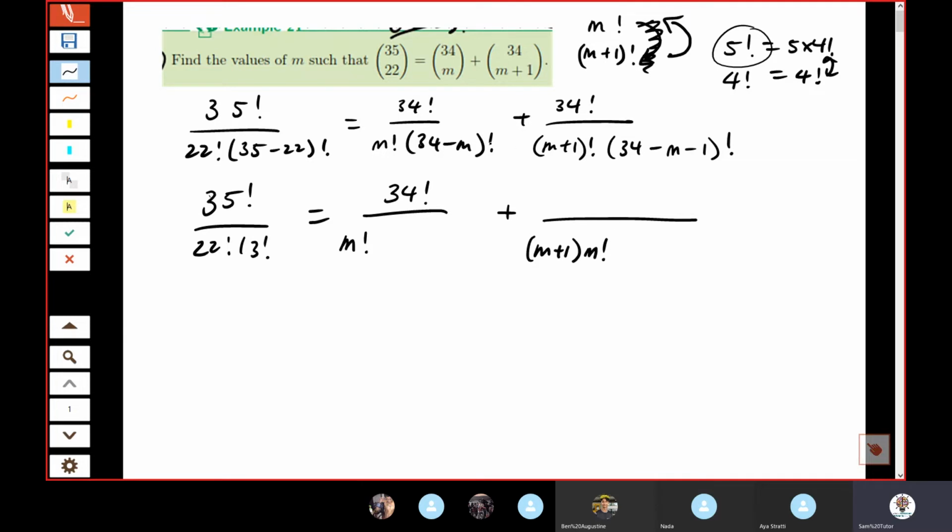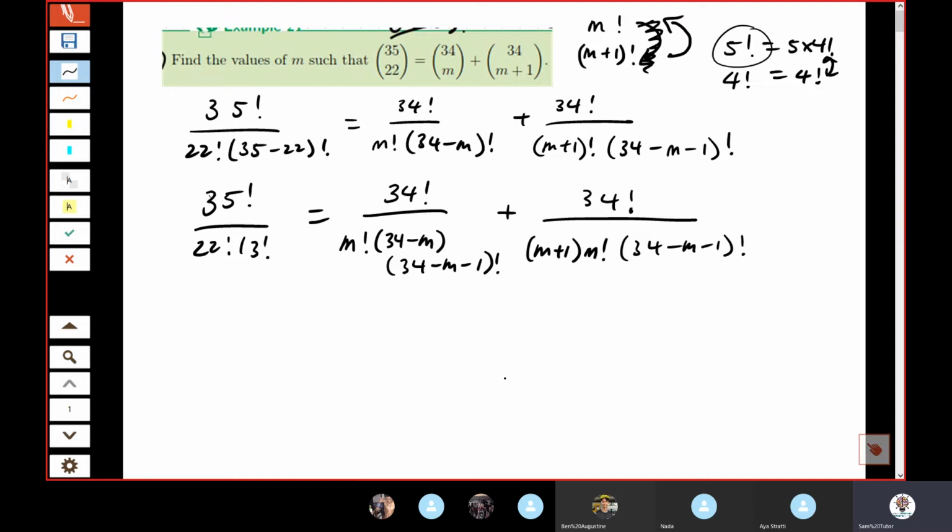Same thing with these two. I look at them, I go, which one's the larger one? Well, the left one's larger. So what I'm going to do is go 34 take away m, and then 34 take away m take away 1 factorial. What do we reckon?